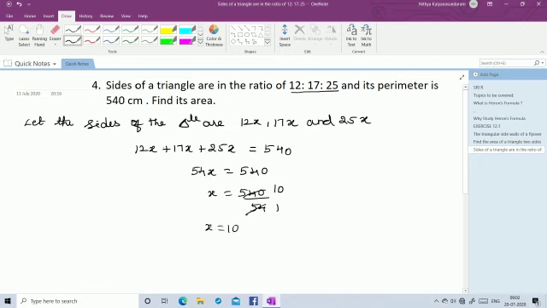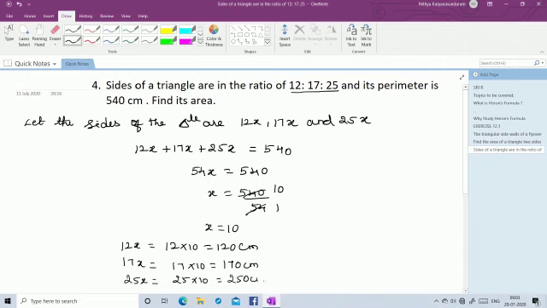Once you get the x value, substitute in the sides. So 12x is equal to 12 into 10, 120 centimeter. Then 17x, 17 into 10 is equal to 170 centimeter. 25x is equal to 25 into 10, 250 centimeter.